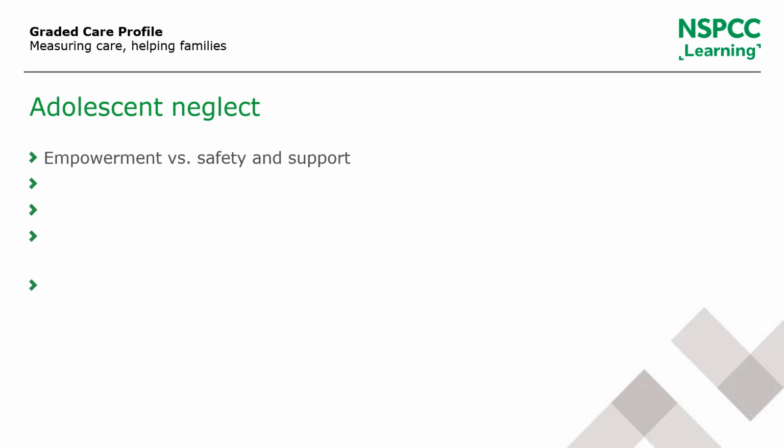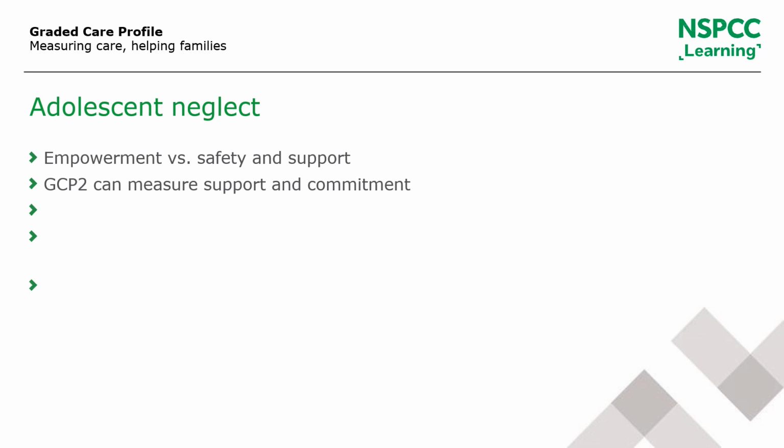So encouraging them to take up activities that they've expressed an interest in, having boundaries in place in the home around expected behaviours, or expected chores that we would like them to do. Things like curfew times and looking into how a child or young person is going to be getting home if they're out with their friends and what that looks like. Or even supervision while they're learning to cook.